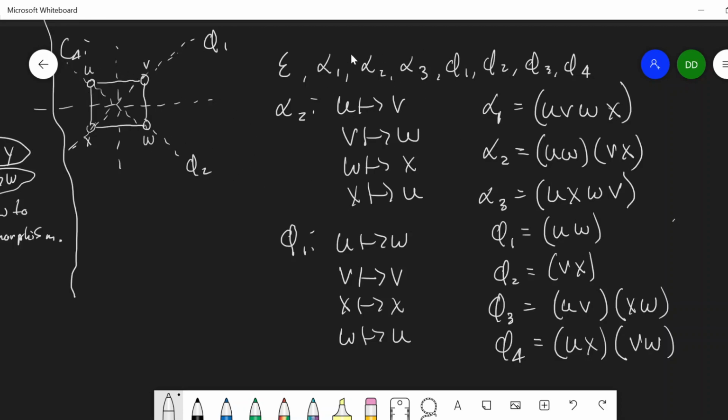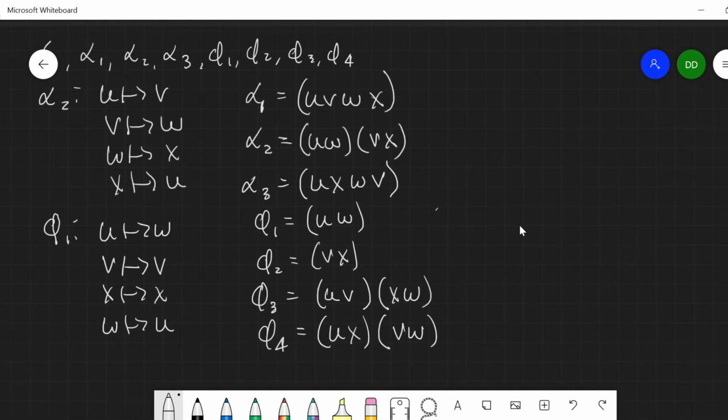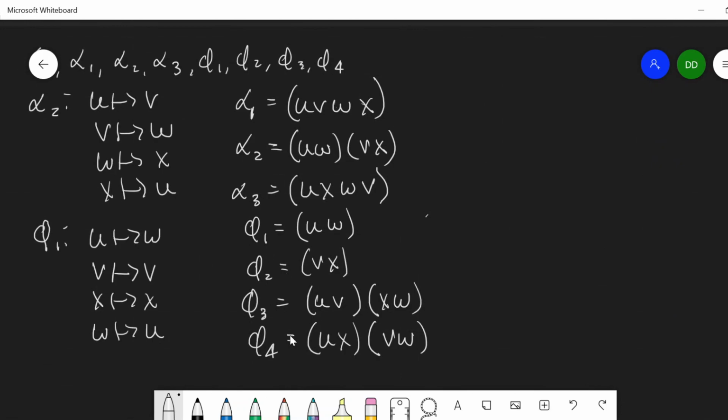And then what we can do is look at compositions of these automorphisms with each other. And we'll notice some things, that all of these reflections, so theta 1, theta 2, theta 3, and theta 4, each one of these composed with itself gives us the identity.